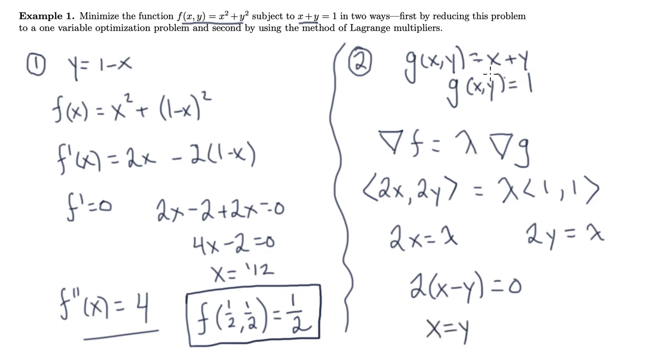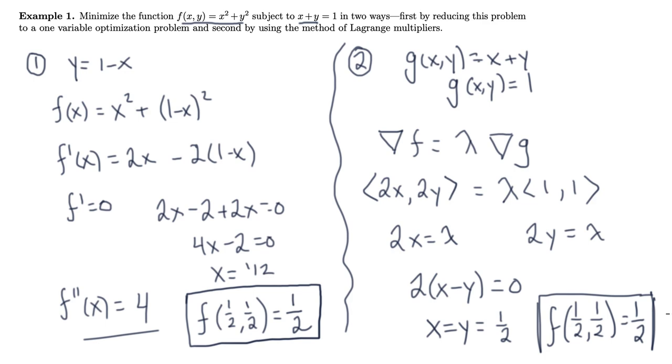But I know that x plus y has to equal 1. So if x equals y and x plus y equals 1, x equals y equals 1/2. But this is the same thing we got here. So we take f of 1/2, 1/2, and we get 1/2. So we do indeed get the same minimum value.